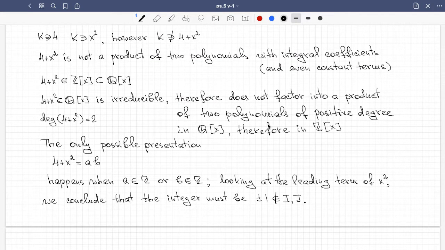And that's pretty clear because plus 1 is the identity in this ring. So if plus or minus 1 is there, then the ideal I or J is the whole ring immediately. It is not. These are only polynomials with even constant term. It is not the whole ring Z of x, so the polynomial does not factor.